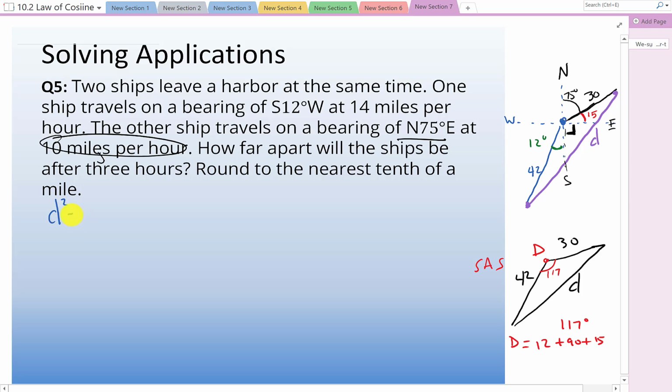So D squared will equal 42 squared plus 30 squared minus 2 times 42 times 30 times the cosine of 117 degrees. So D squared equals, alright, so now you guys make your decisions about how much risk you want to take with typing in the calculator.